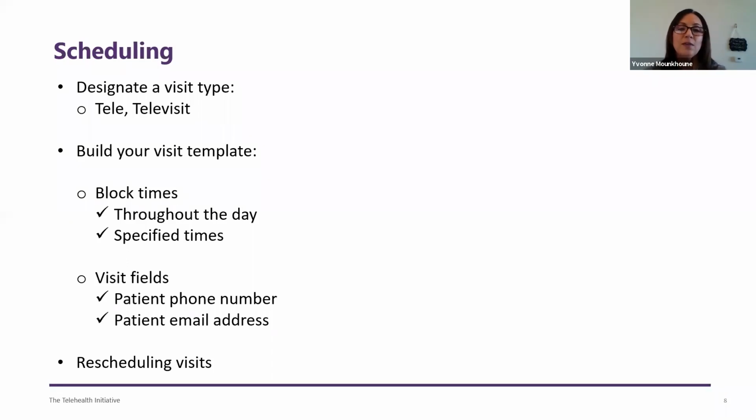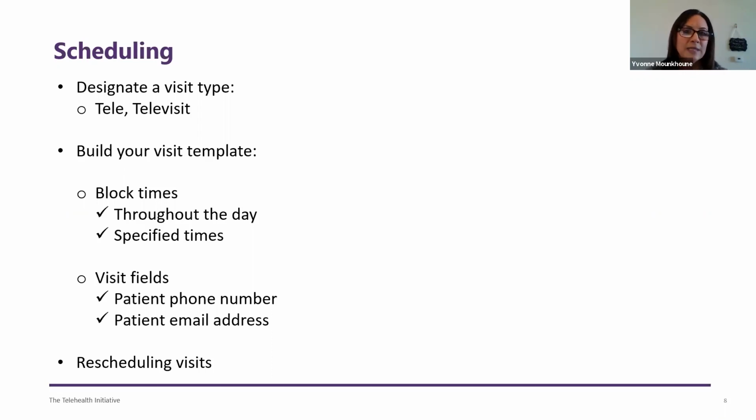So then the other thing you want to think about are your visit fields. There may be some information necessary for anybody who's going into your practice management system, looking at the daily schedule, that might be helpful to them. Some information might be whether you have a telemedicine consent on file, if that's something that still needs to be gotten.